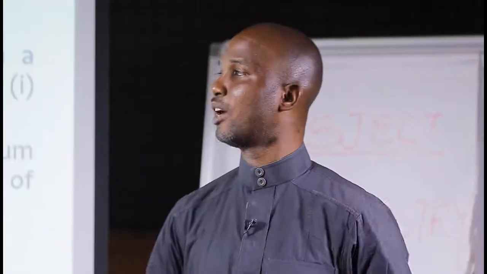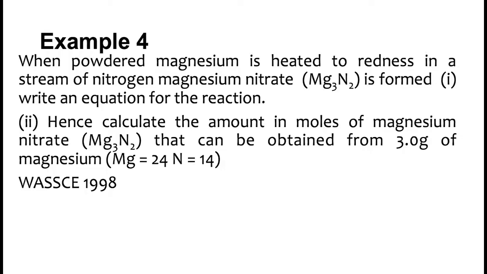Now we start with this example, and the example reads, when powdered magnesium is heated to redness in a stream of nitrogen, magnesium nitride, which is Mg3N2, is formed. 1. Write an equation for the reaction. 2.